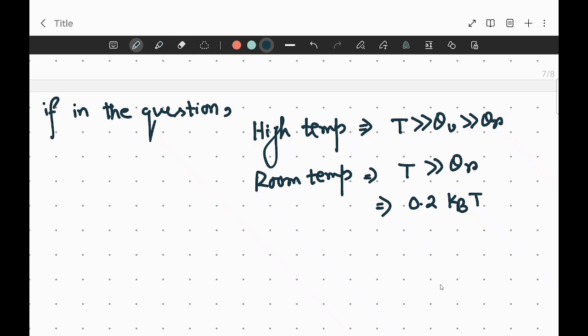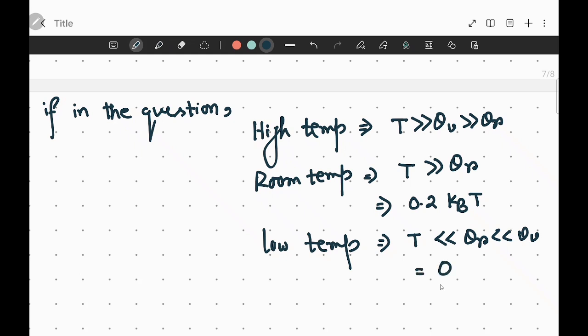It's 80% less. And if it is low temperature, that means T is less than theta r also, then you have to calculate it as 0. Okay, so you have to keep in mind that. Oh, sorry, it's in low temperature. That means it is less than theta v but greater than theta r.